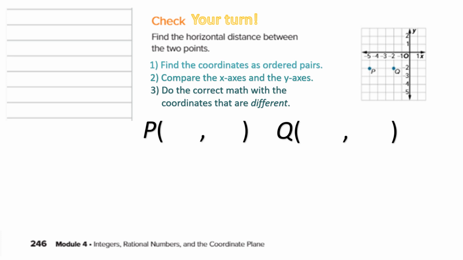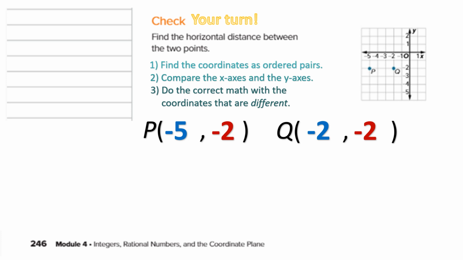Well, when I'm finding my ordered pairs for P, then I know going from my point of origin, 0, 0, I'm going back 5, and then I jumped down to negative 2. For Q, you start at the point of origin, you went back 2 and dropped down 2.